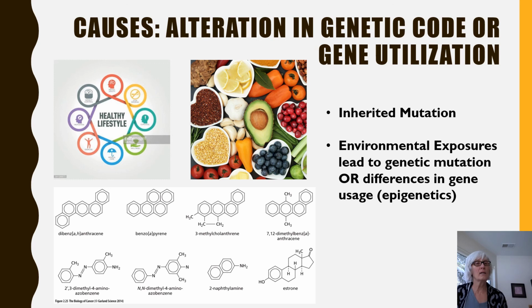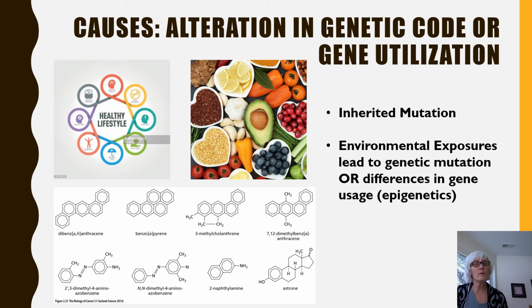Similarly, exposures to things in the environment that change the way that we use our DNA, so not changing the DNA sequence, but rather changing the way we use DNA, can also lead to the development of cancer, but we would say that gene utilization differences are epigenetic changes. So not genetic changes, but rather epigenetic changes in our DNA utilization.